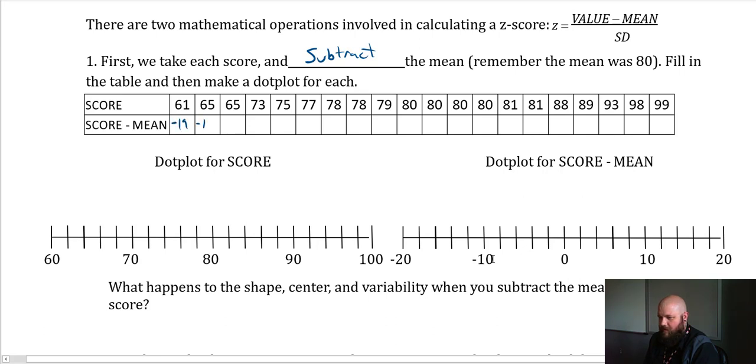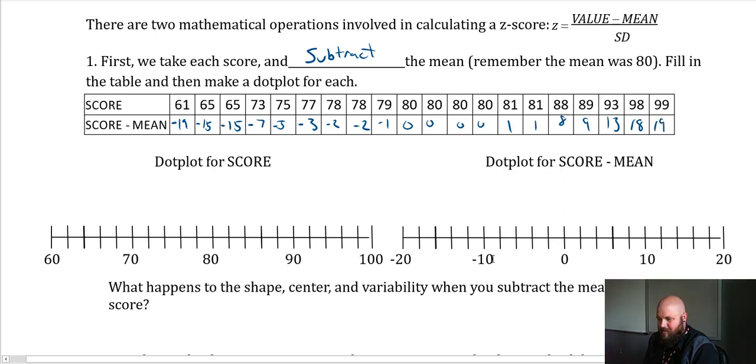We have negative 15, negative 15, negative 7, negative 5, negative 3, negative 2, negative 2, negative 1, 0, 0, 0, 0, 1, 1. I have 8 above, 9 above, 13, 18, and 19.